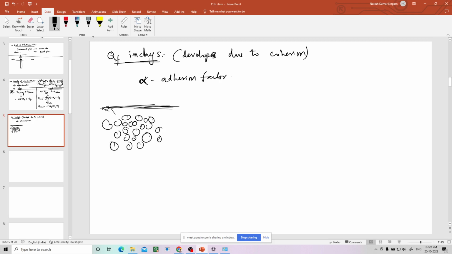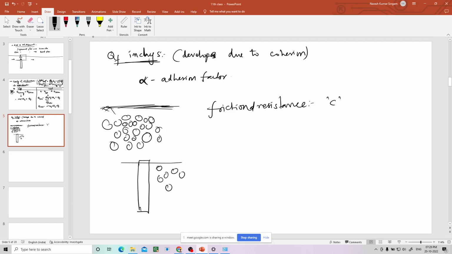So here, the frictional resistance, if you talk about directly in the clays, is equal to cohesion. But here friction is developing in between two different materials. One is pile and another one is clay. So there is friction in between this concrete material and this clay material.